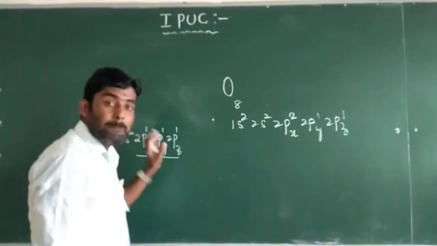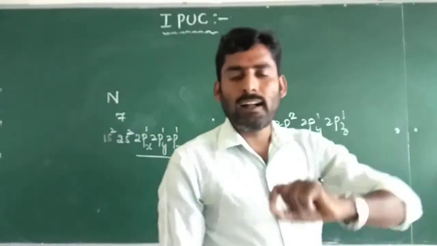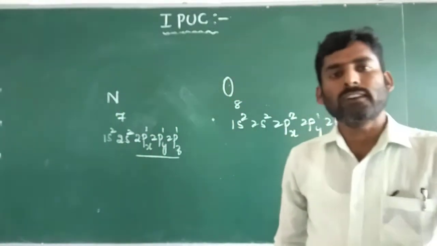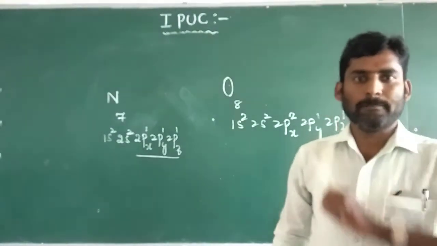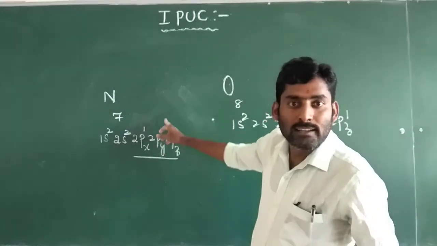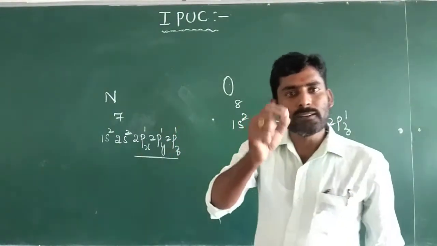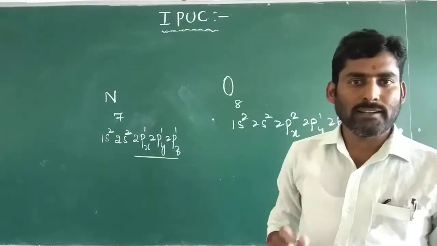They have maximum stability. Completely filled and exactly half-filled orbitals have extra stability, so removal of electrons from the stable orbitals becomes difficult.